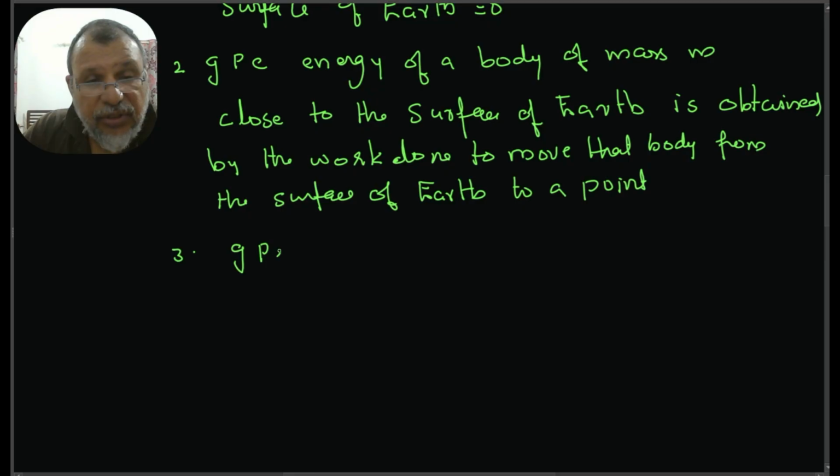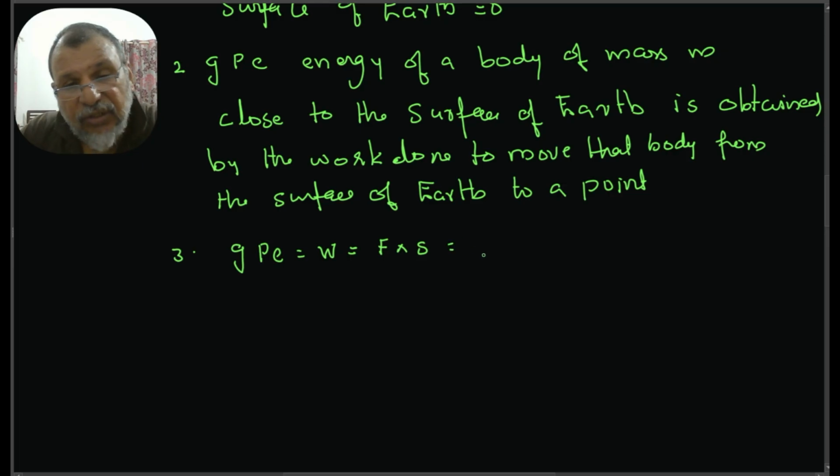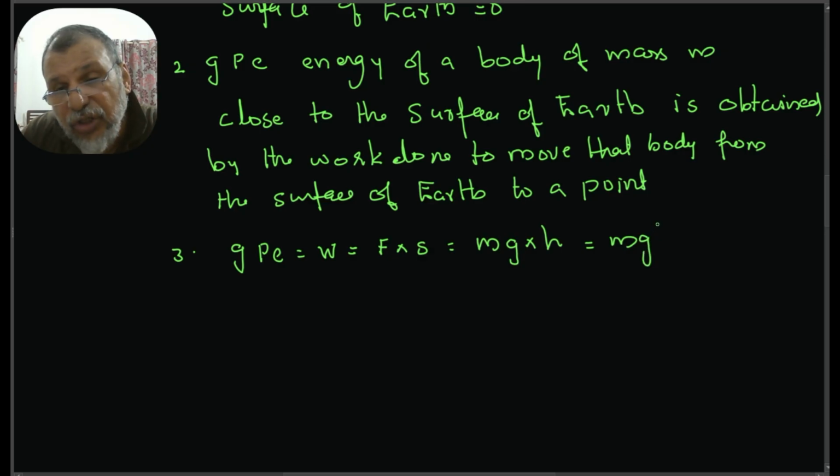Gravitational potential energy is equal to work done, which is force times displacement, that is mg times h, equals mgh.